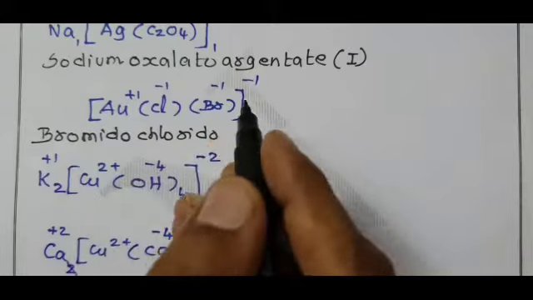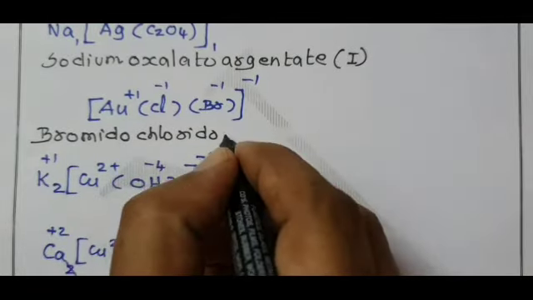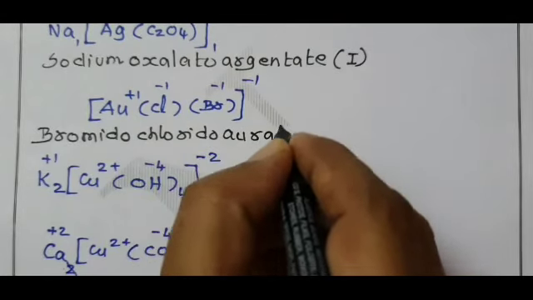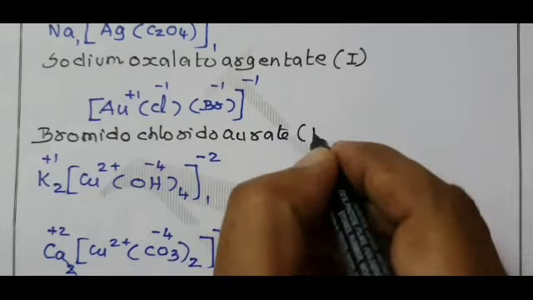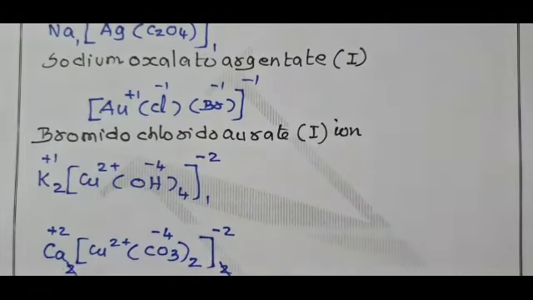It is a negative complex. Therefore, central metal ion name, actual name, ends with ate. Oxidation state 1, Roman numeral.